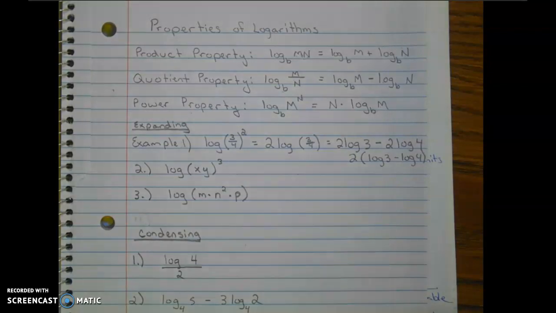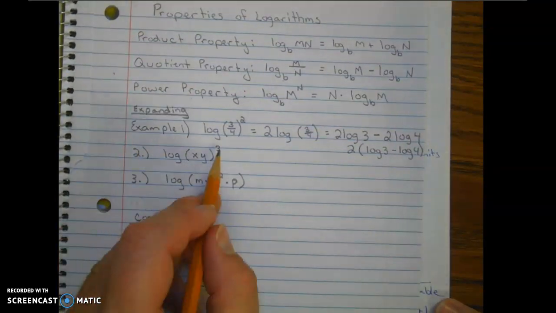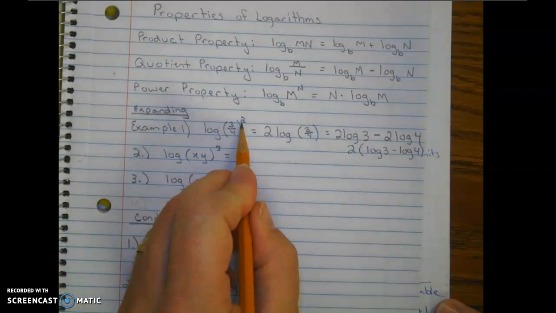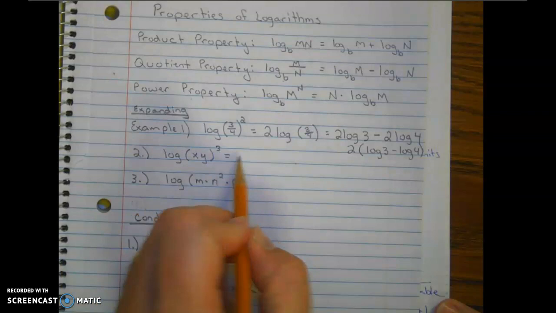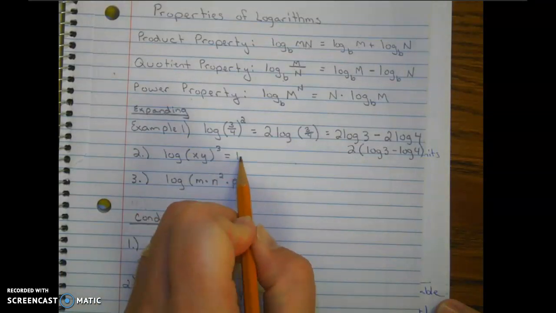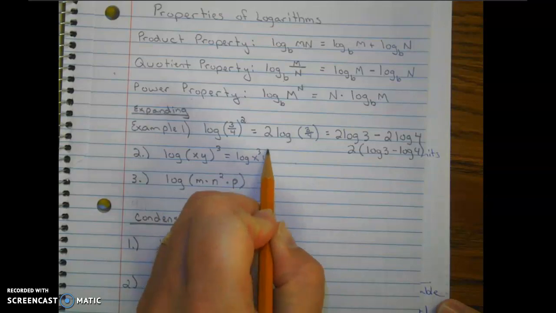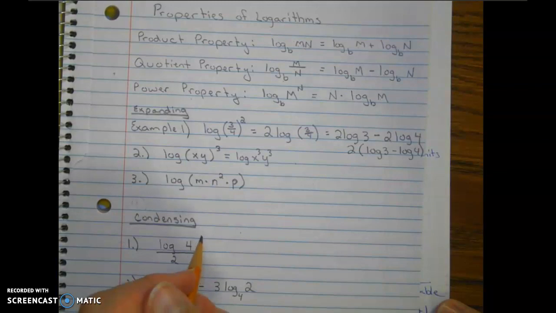Okay? All right, so number 2, again, we're raising x and y to the third power. So I'm going to approach this one just a little bit differently than I did this one, just to show you that it works. So I could rewrite this as log x to the third, y to the third, since I'm cubing both of these arguments.